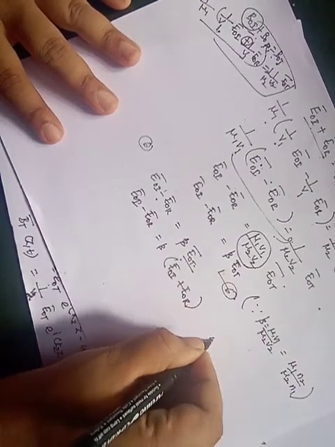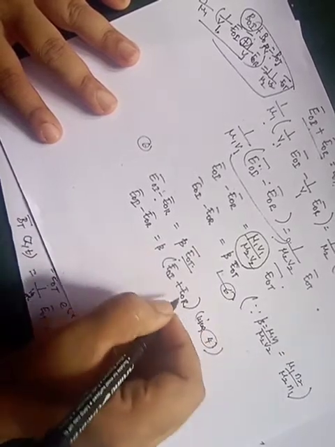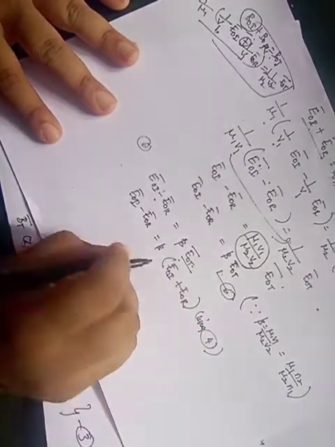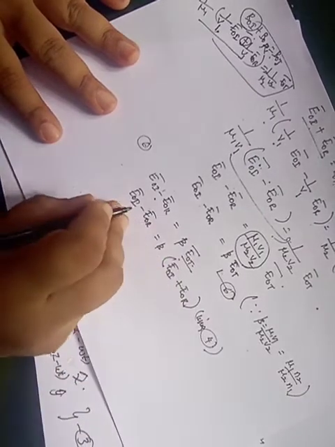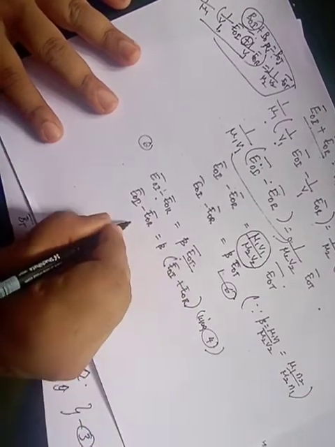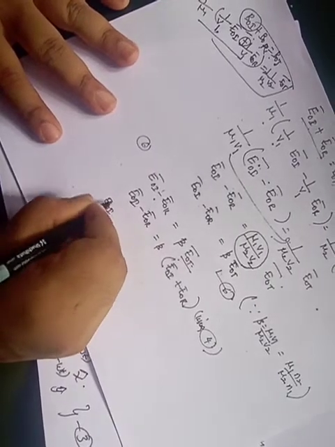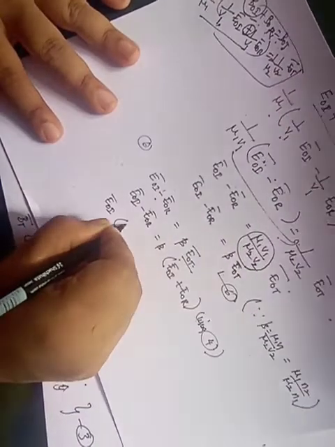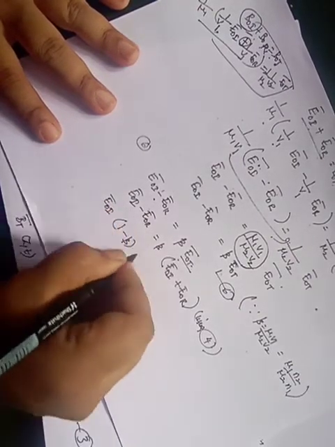Then we are going to group the terms, that is E naught I and E naught R. We take E naught I to the left hand side. If we take E naught I as common, we will get 1 minus beta. This beta, if it goes to the left hand side, becomes minus.